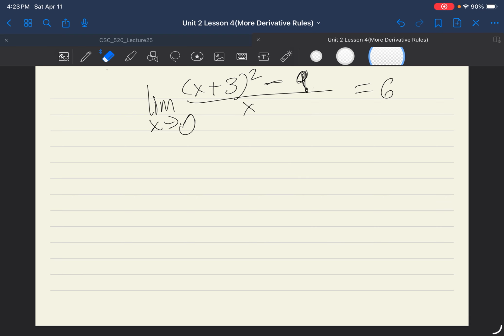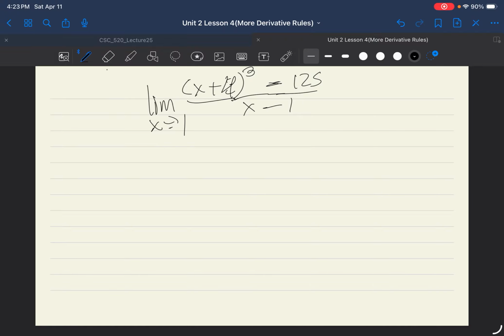Like, for example, let's say the limit of x plus 4 cubed minus 125 over x minus 1 as x approaches 1. Right?